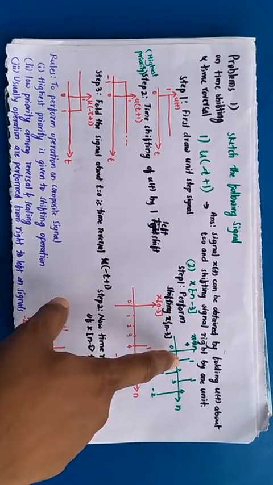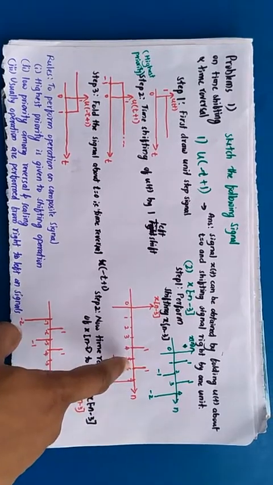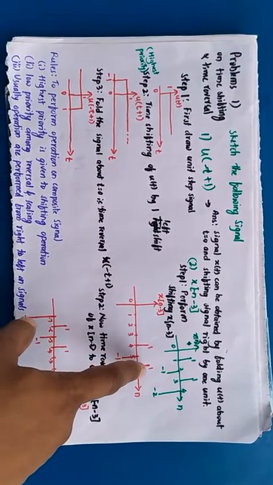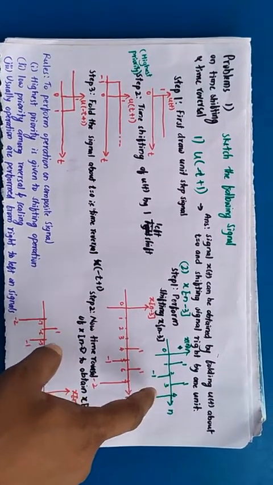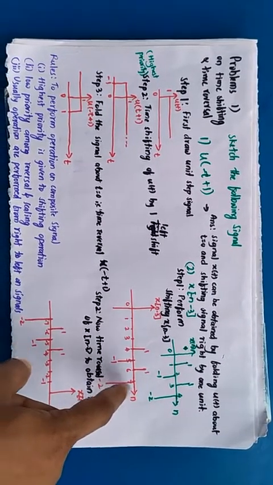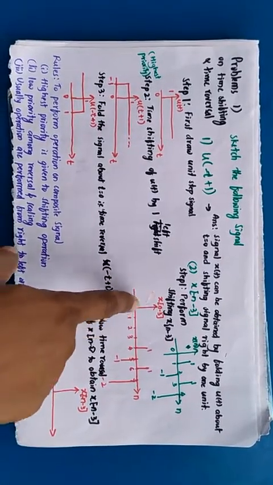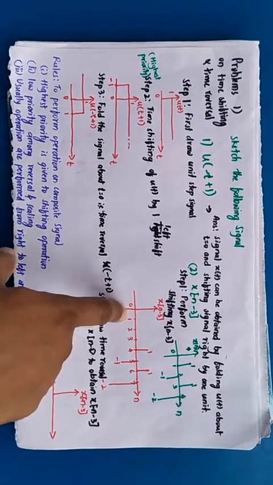At 2 plus 3 it is 5, at 5 we will have minus 1. 3 plus 3 it is 6, at 6 we will have 1. And at 4 we had minus 2, so at 7 you will have minus 2. So this is the time shifted signal, that is x of n minus 3.